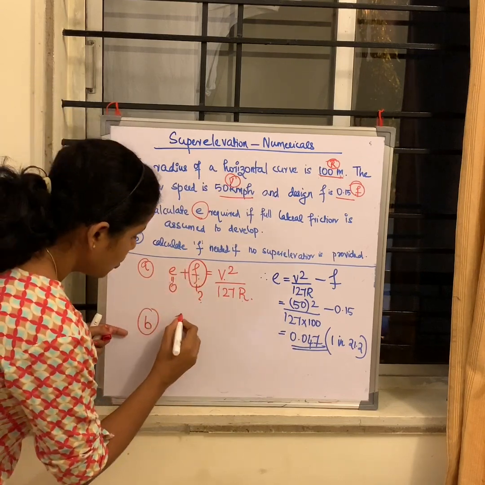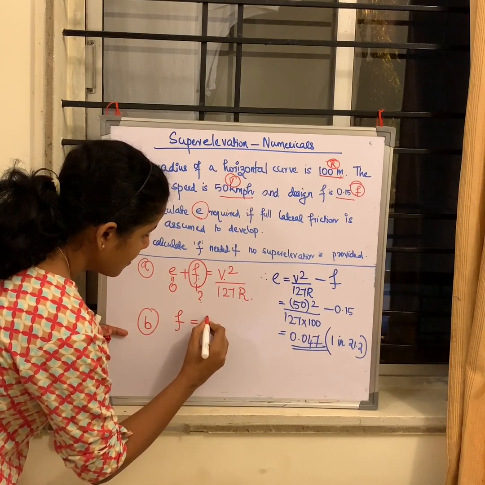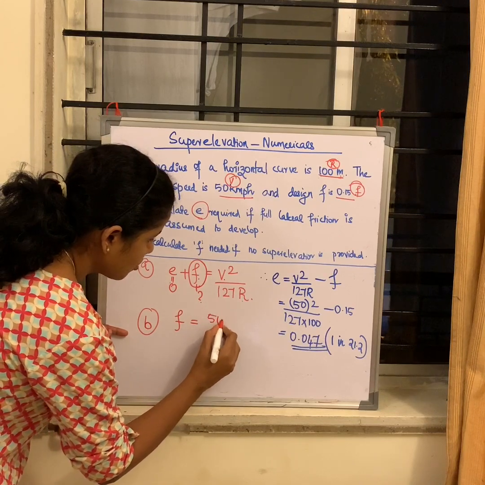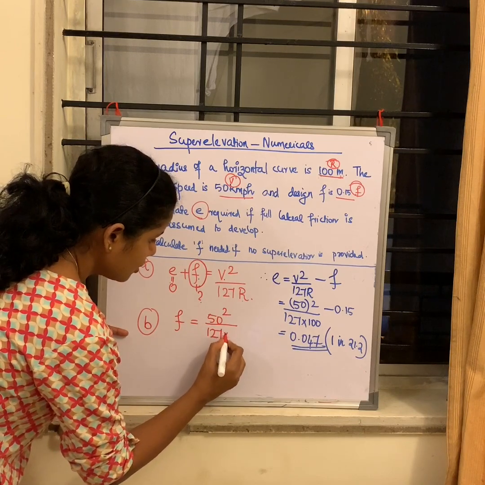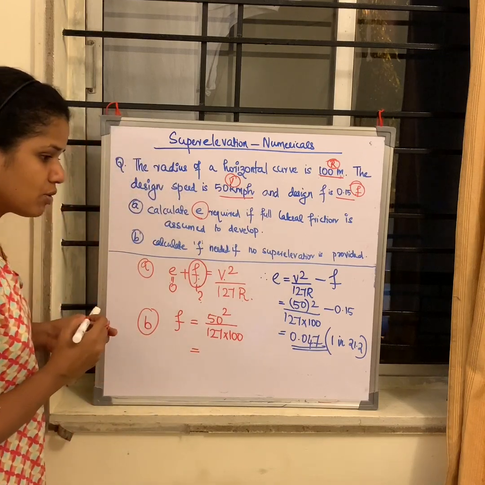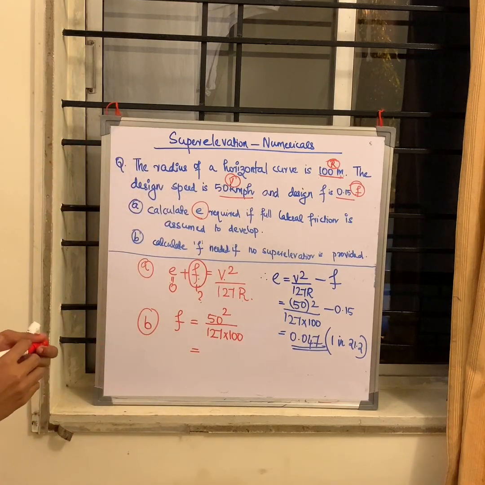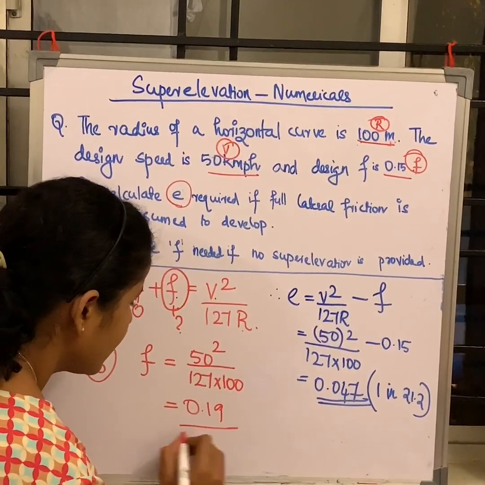So f is equal to V square, which is 50 square divided by 127 into R, which is 100 meter. 50 square divided by 127 into 100. If you do so, you will get an answer of 0.19.